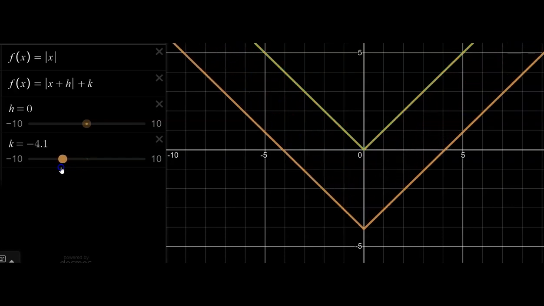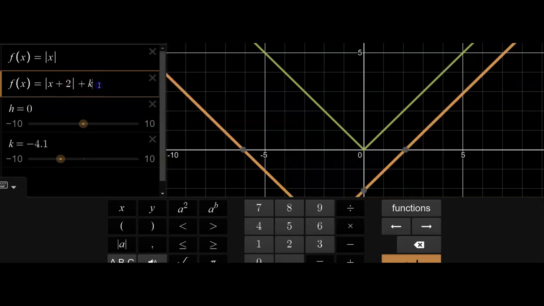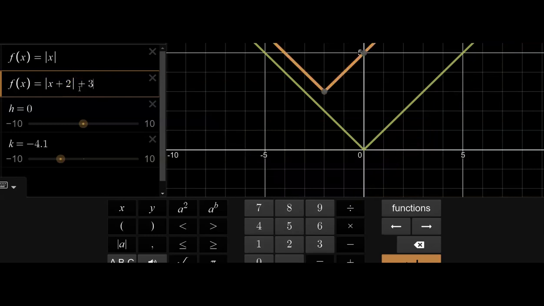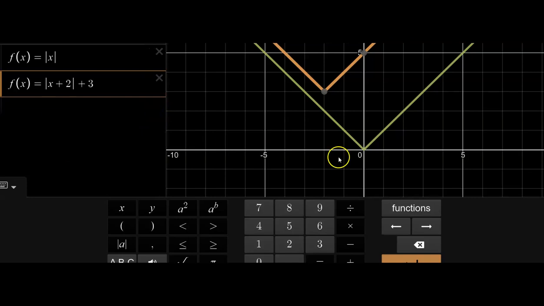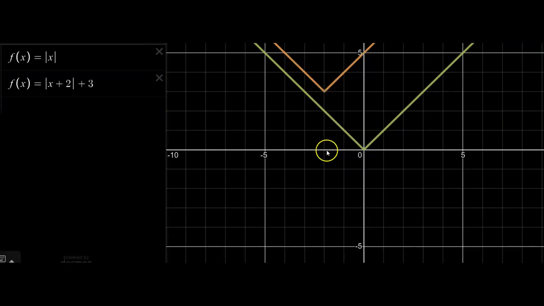All right? So what do you think if I go ahead and take the sliders away? What do you think if h is 2 and k is 3? So this is going to move left 2 and up 3.